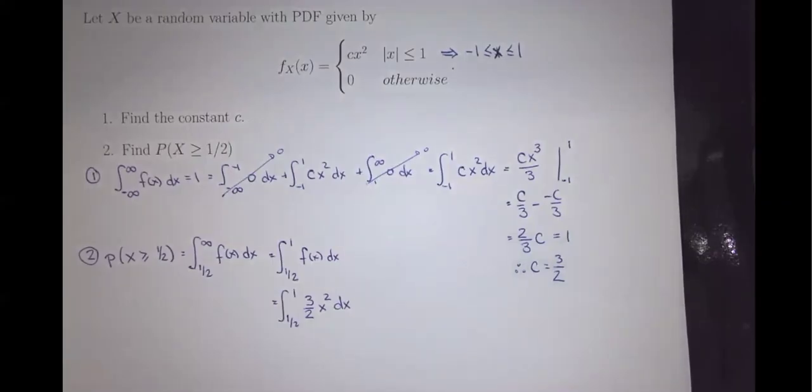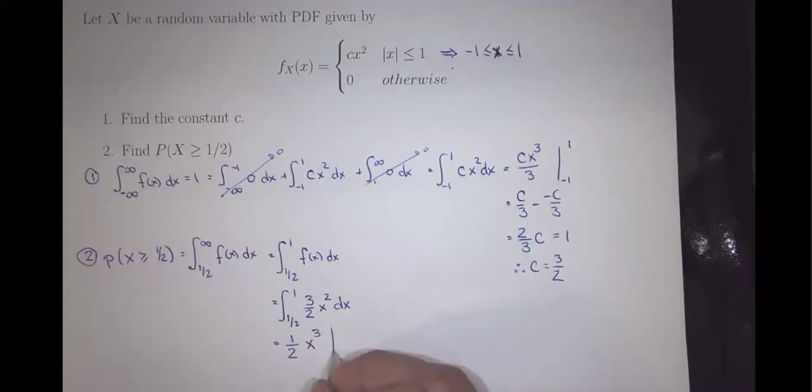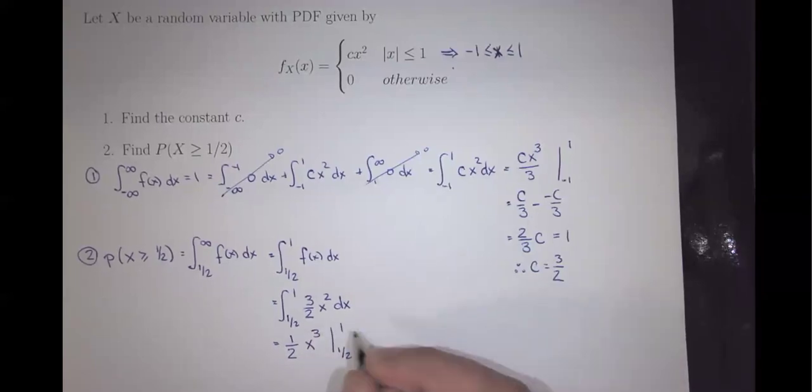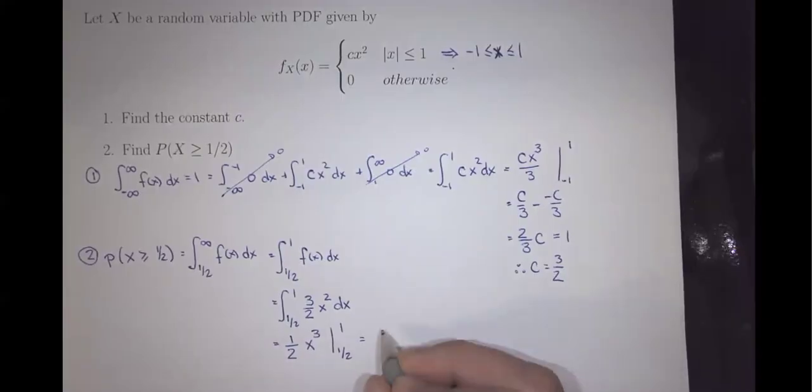The antiderivative here is going to be 3/2 x cubed divided by 3. So the 3's will cancel, and we'll end up with 1/2 x cubed evaluated from 1/2 to 1. We plug in 1, we get 1/2.